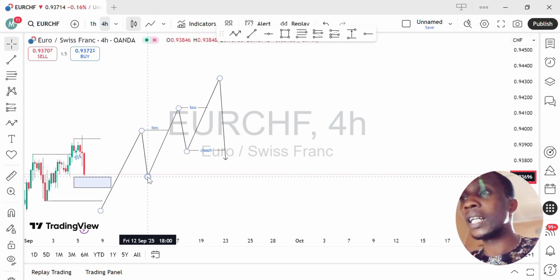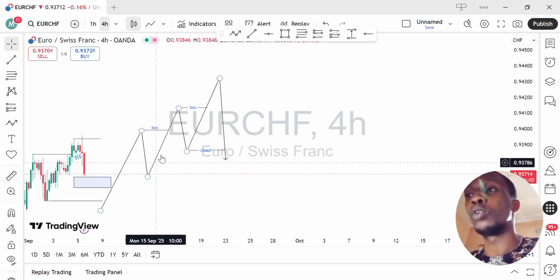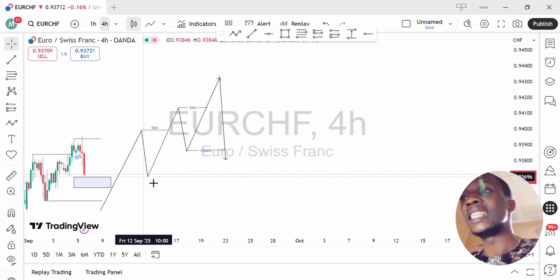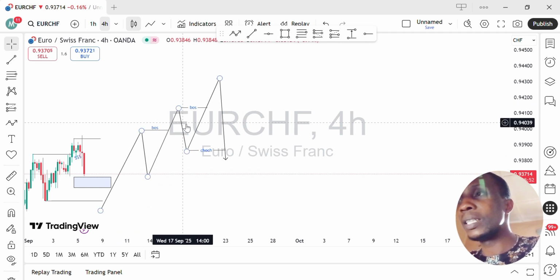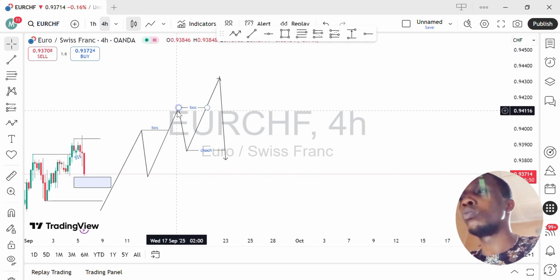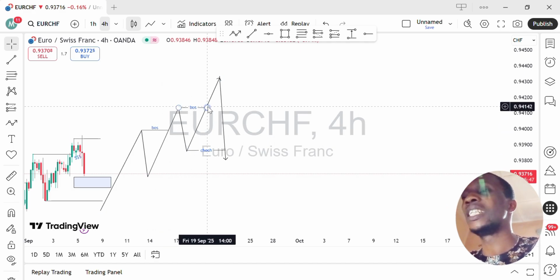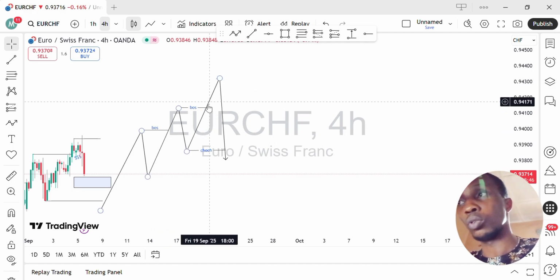If price should come back to this low and break above it with a body of a candle, it changes it. Now this becomes the low and this becomes the high. It pulls back again to attempt this high again. Price was able to break and close above it with a body. This becomes a valid break of structure.